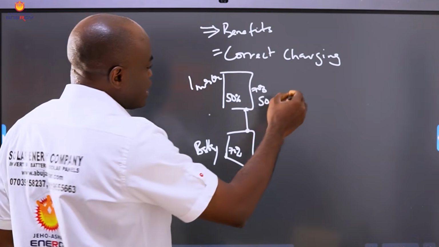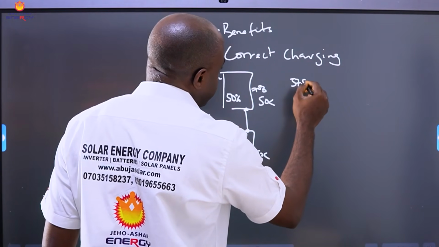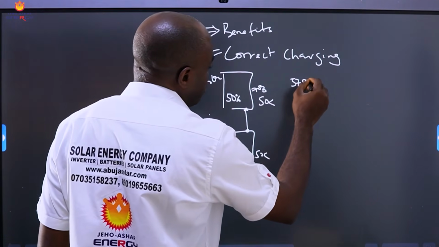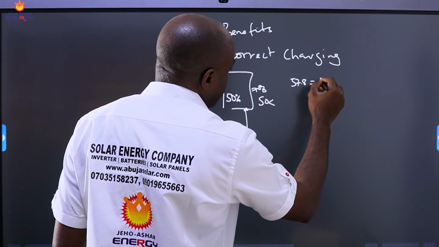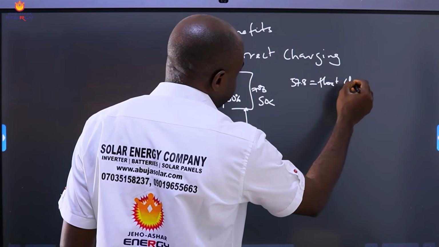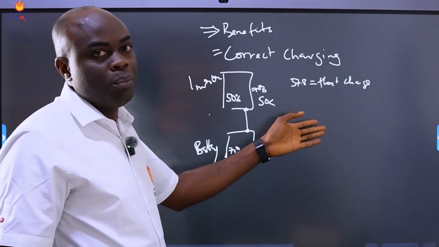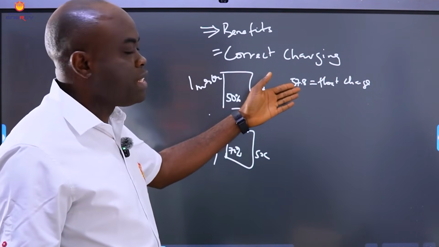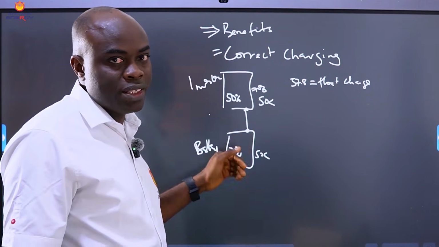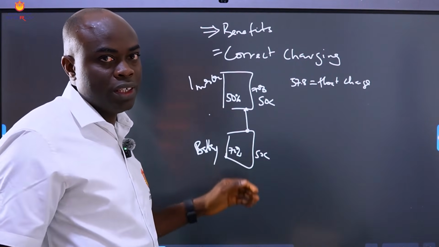Now, let's say your charging voltage is 57.8. That is a boost, or let's say the float charge. The float charge is 57.8. Without this cable, even if it's set, you might not get the best or the correct information for charging your battery.